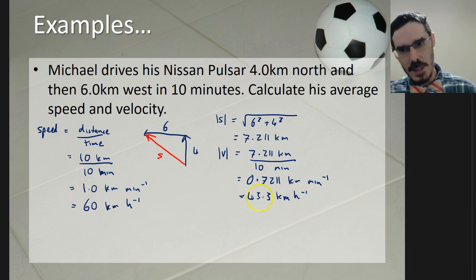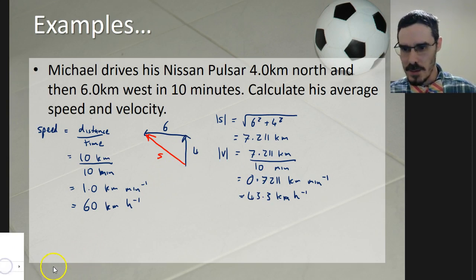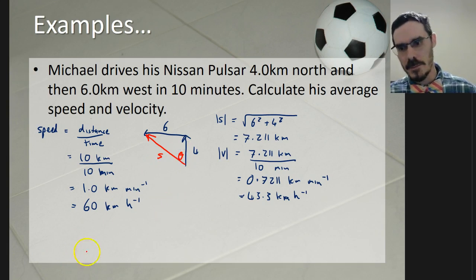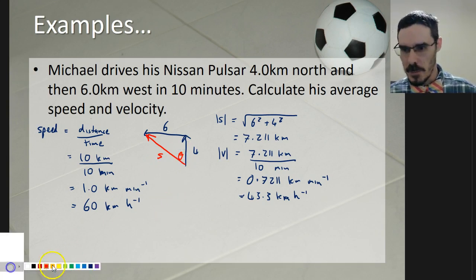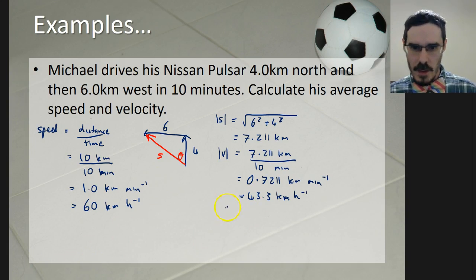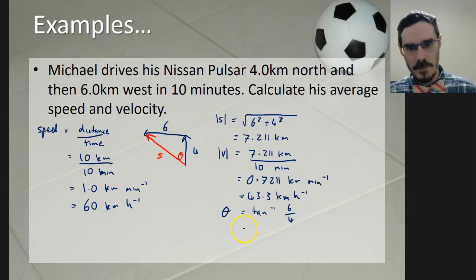Notice the difference because we're now talking about a vector. But because it's a vector, I actually need to give the direction here. I actually have to give the direction of that velocity. So that angle is inverse tan of 6/4.